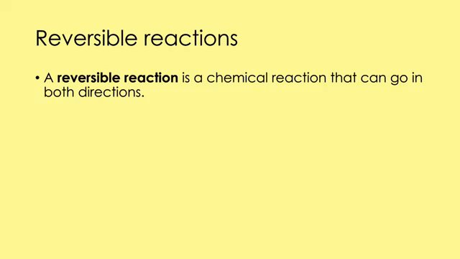So a reversible reaction, so just pause the video and copy this down. A reversible reaction is a chemical reaction that can go in both directions. So normally the reactants can turn into the products, but sometimes those products can be turned back into reactants.